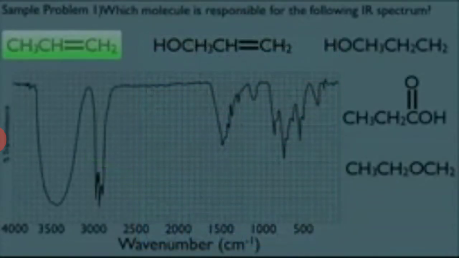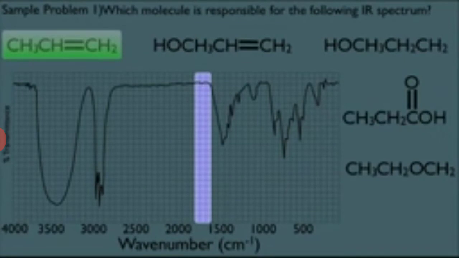Go back to the spectra and try to find out whether there is any peak in this region. Of course not, there is no peak in the region 1600 to 1680, so this will not be the possible answer. Now let us move on to the next molecule.